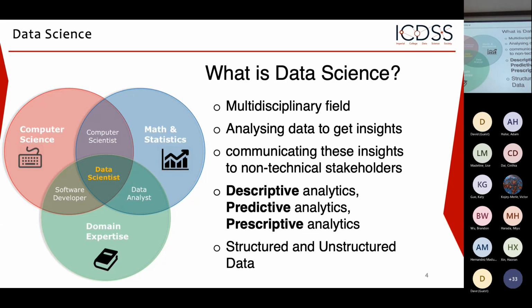For instance, what's the chance that this football team is going to win a certain match? And then it offers prescriptive analytics. This is probably one of the most important things, because it tells you what you should do. That's why data are so important, especially for big companies.